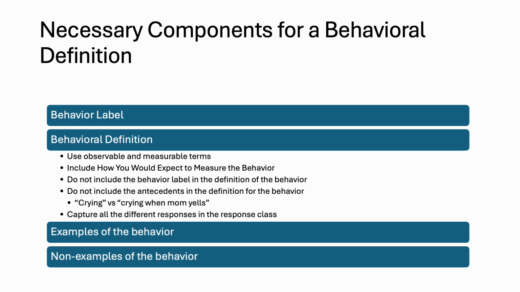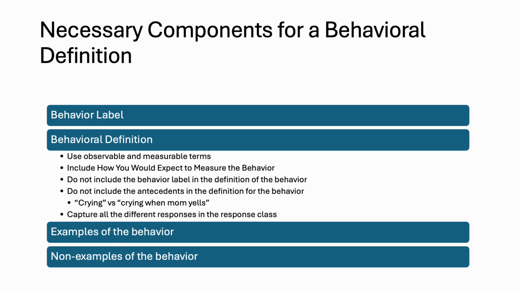Or if you're going to collect data on duration, you want to mention in your definition when they should start recording the behavior and when they should stop recording the behavior. So you would say an episode of a tantrum begins when X, Y, and Z behavior is displayed and stops after 3 seconds of no crying.